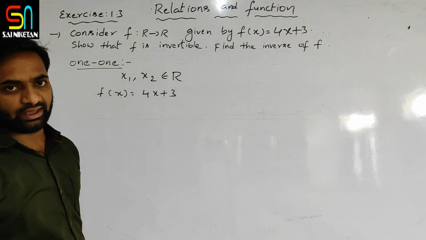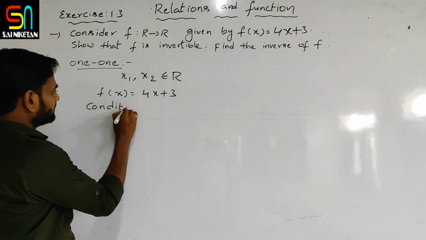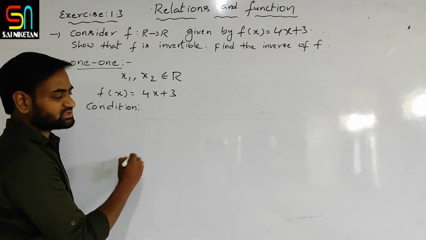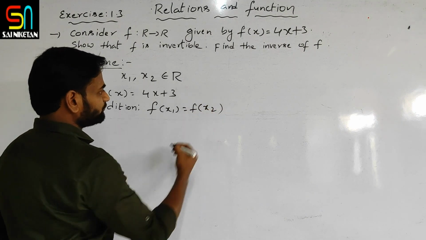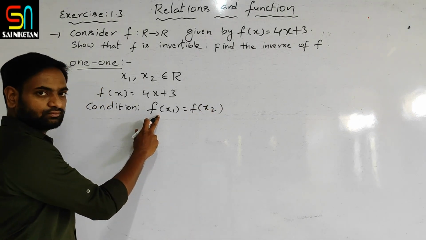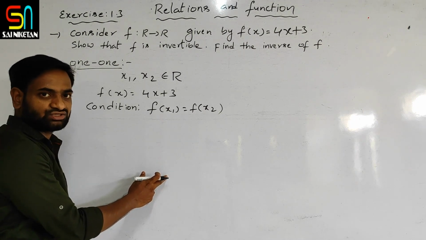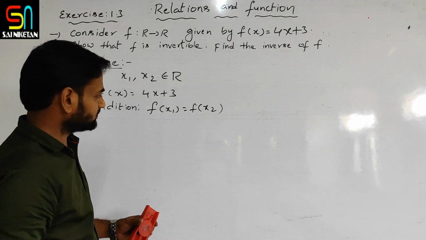Which condition do we have to take? f of x1 is equal to f of x2. By taking this condition, if the answer is x1 equal to x2, then we can say f is 1-1.